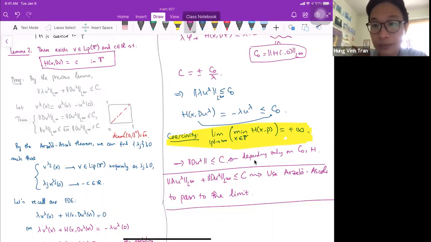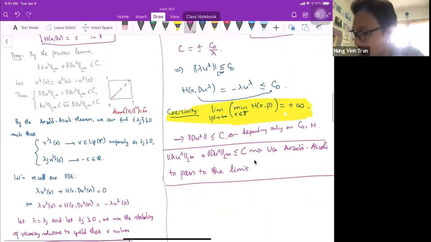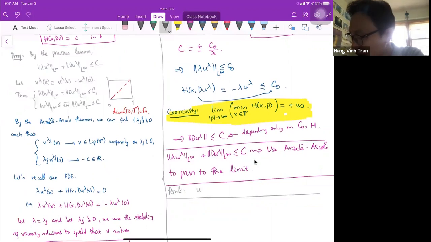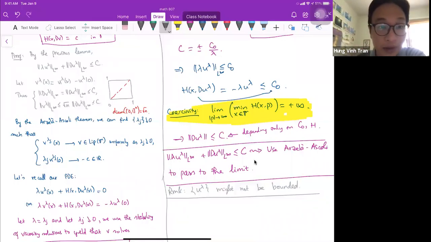Only lambda u lambda is bounded. So we have to be quite careful when we pass the limit. Just a tiny remark for ourselves: u lambda itself might not be bounded. We only have that lambda u lambda is bounded.